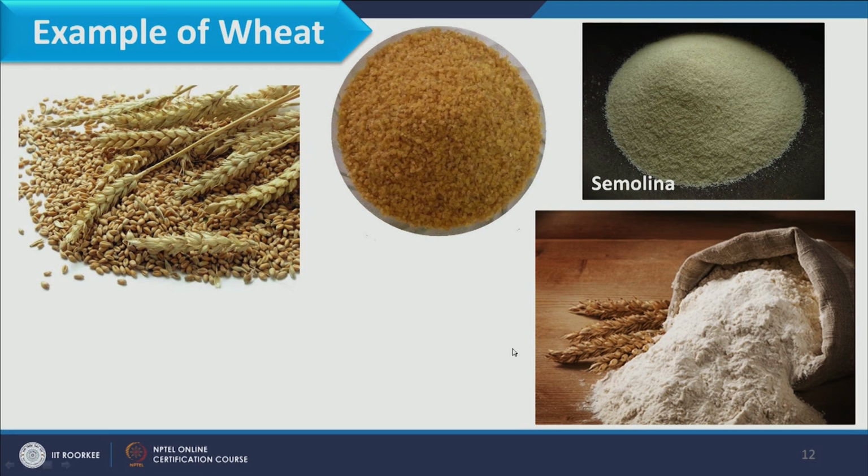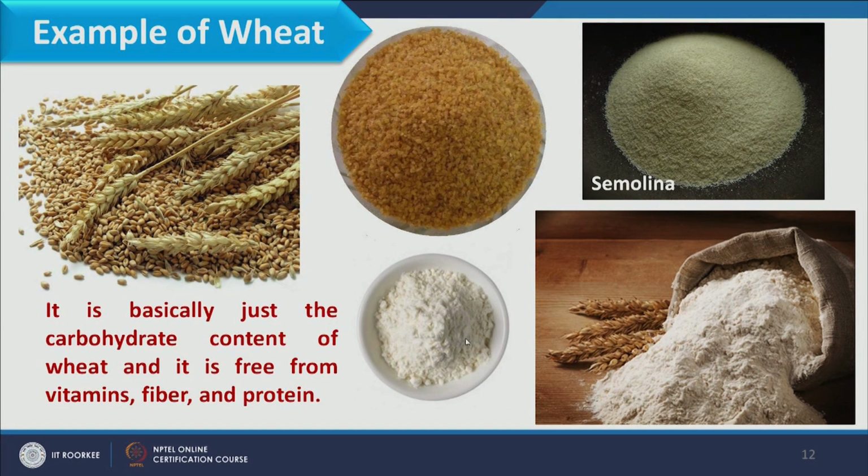And finally, we have the product that we call maida. It is a very fine particle, prepared from the wheat itself. It is basically just the carbohydrate content of the wheat, free from vitamin, fiber and protein. When we consider maida, it has a very small particle size, so fiber and vitamin are all removed and only carbohydrate remains.